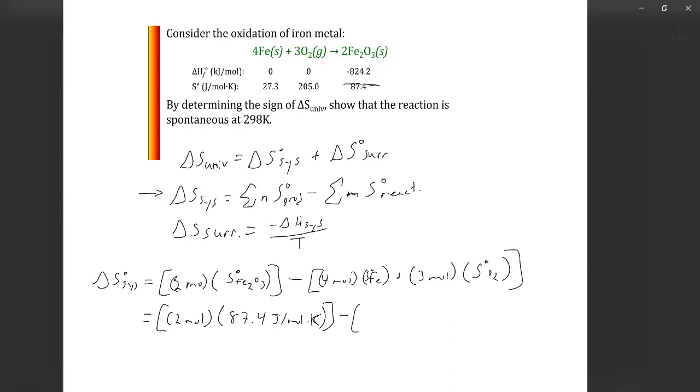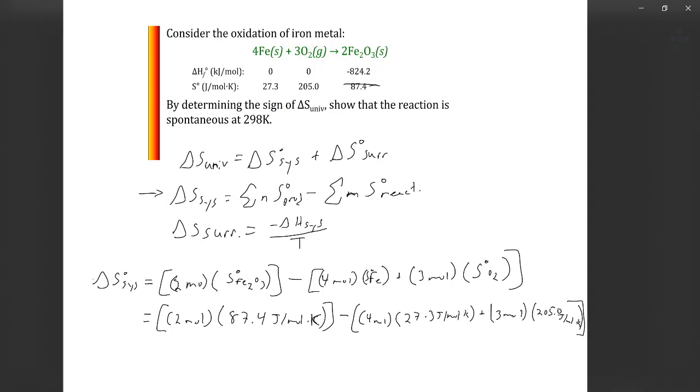Minus, and maybe we can squeeze this in, 4 moles times, we'll start with iron here, 27.3 joules per mole Kelvin, plus 3 moles times 205.0. Squeeze in my units there. That's my whole equation.